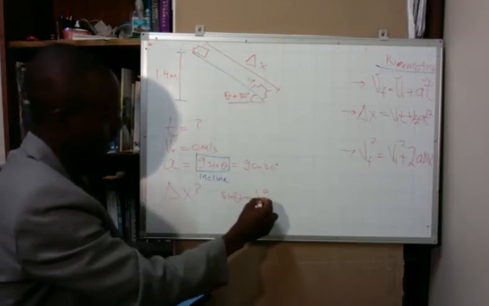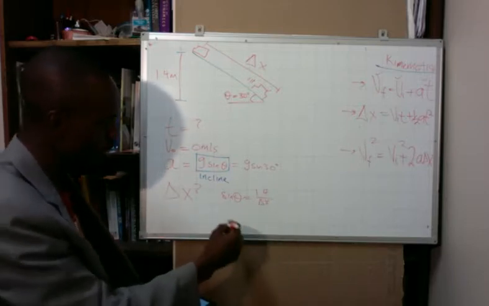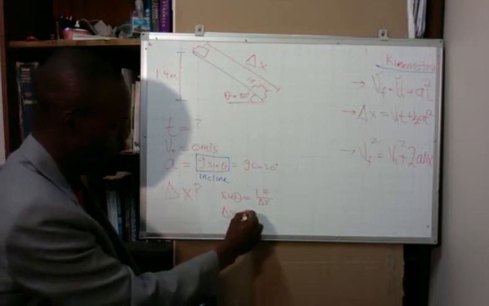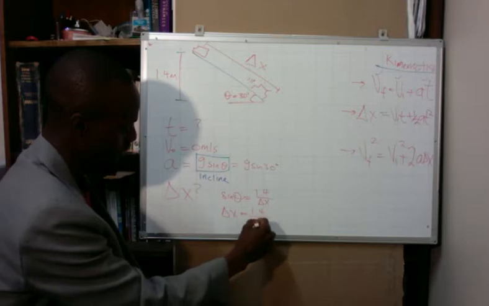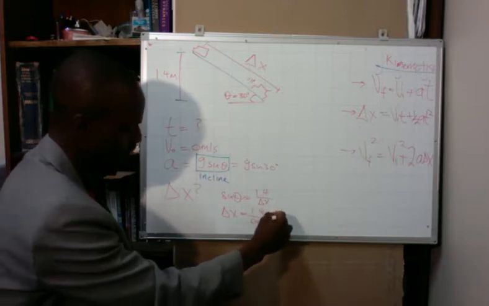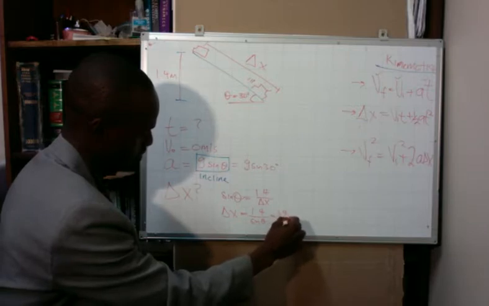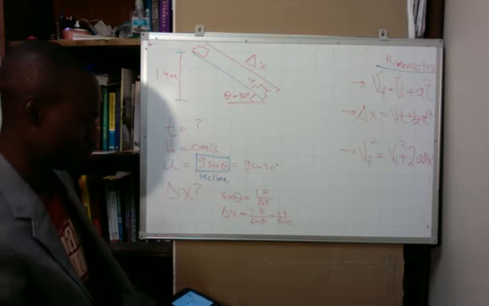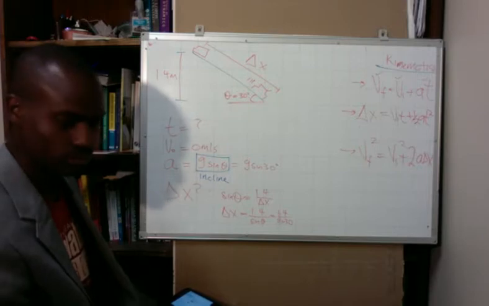By delta x. So if we move things around, we'll get that delta x is 1.4 over the sine theta. And theta here is 30 degrees. So that should be about 2.8.